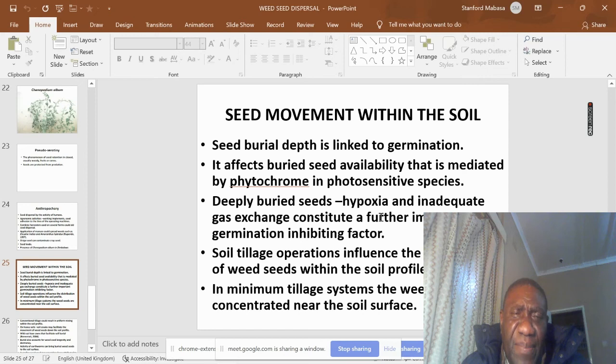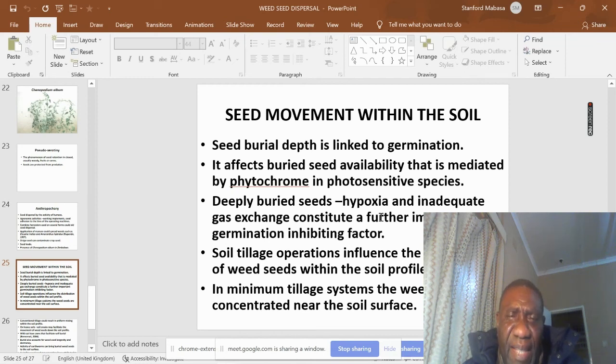It affects buried seed availability that is mediated by phytochrome in photosensitive species. So if we bury weed seeds, they may fail to germinate because of phytochrome control.